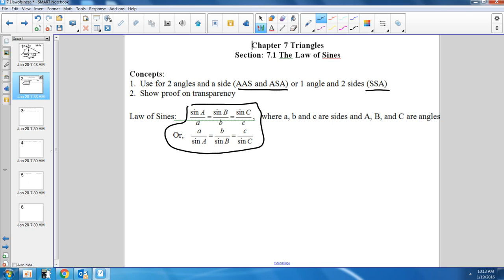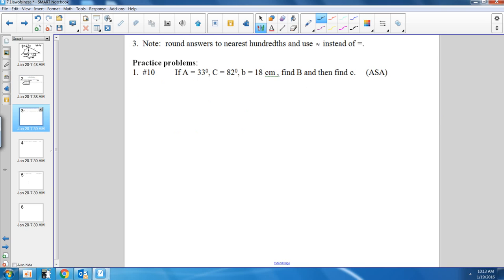All right, what I want to do is work with triangles and get missing parts of triangles that are not right triangles. We're going to do the first problem, and in this textbook, just a quick reminder, they use significant figures, so their numbers are going to be slightly different than what you have. I want you just to round to the nearest hundredths at the end.